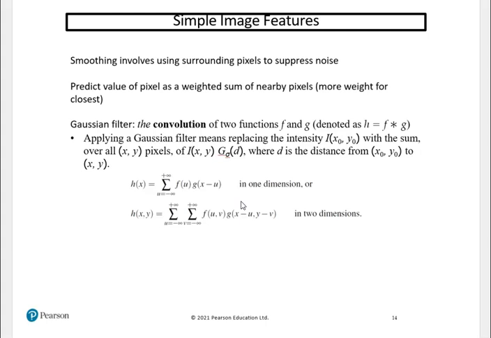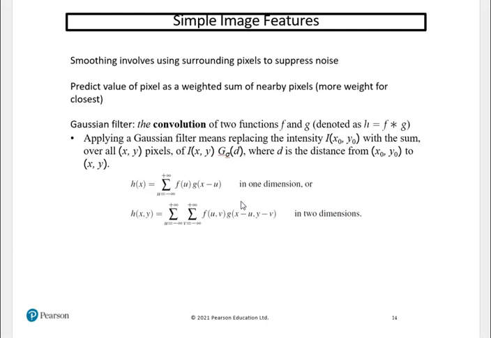In order to deal with noise, we apply smoothing, which involves using surrounding pixels to eliminate that noise. We predict the value of a pixel as a weighted sum of nearby pixels. The closer a nearby pixel is to the pixel I'm interested in, the higher the weight I give it.